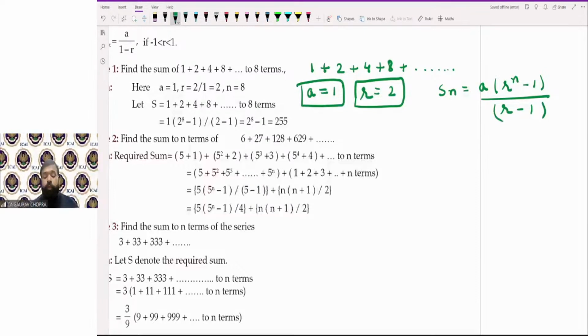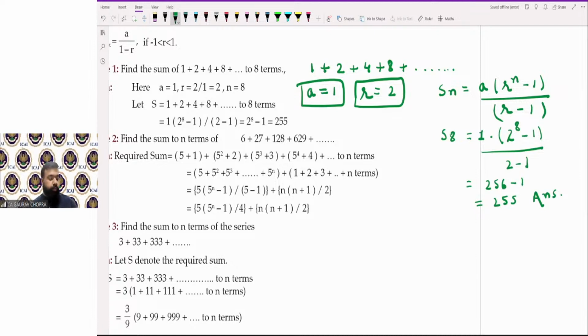So we have to find S8. So 1 into 2 to the power of 8 minus 1 upon 2 minus 1. So let's simplify. 2 to the power of 8 is 256 minus 1. You are getting 255. So this is the sum.